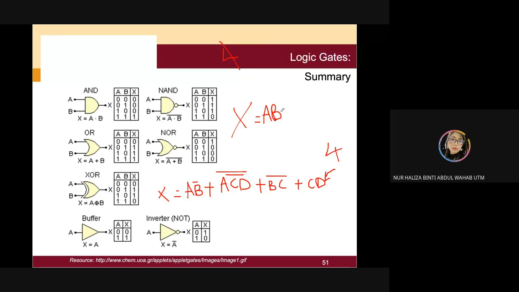So from this basic thing, please make sure you understand first. And we don't put dot, but plus we will put, which is for OR. So there is no dot over here. Please make sure you know that if let's say A, B, it is equivalent to A dot B. Okay.